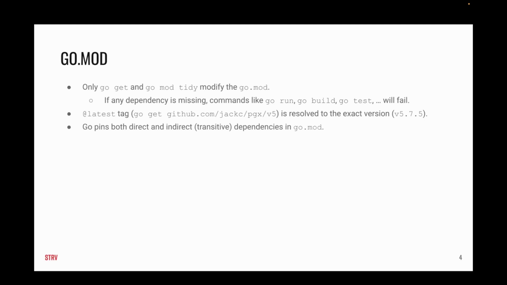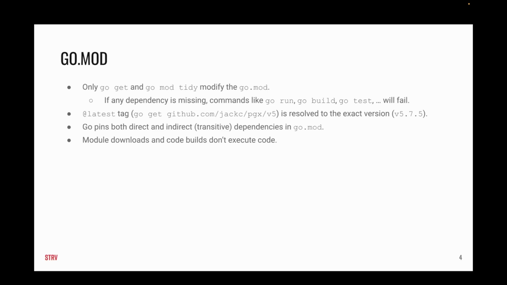As I said, Go crawls through all the dependencies and their dependencies and builds the go.mod file and the dependency tree. What is good to know is that, unlike in some other languages, Go has no concept of pre-install or post-install hooks.